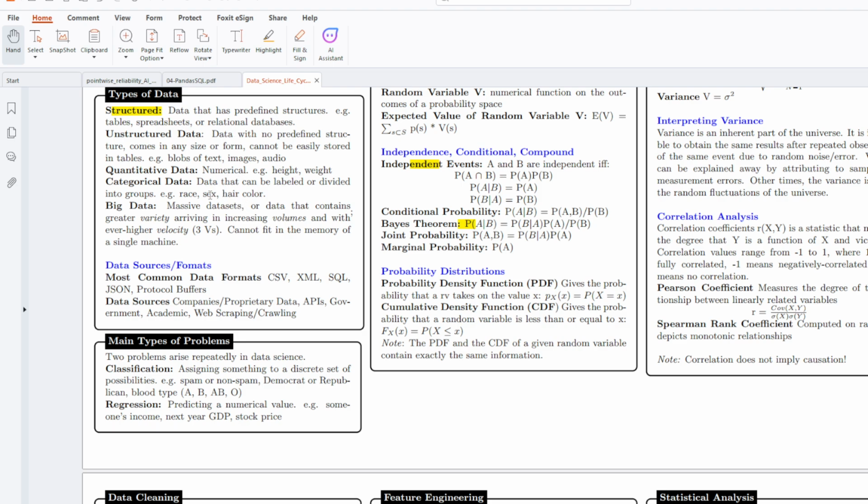Then there is a categorical data set. When a data set is said to be categorical, these are those data that have labels, and we divide them into groups. So now, when I say this is a boy, this is a girl, I put them in categories. So they cannot be in form of numbers because they are categories.